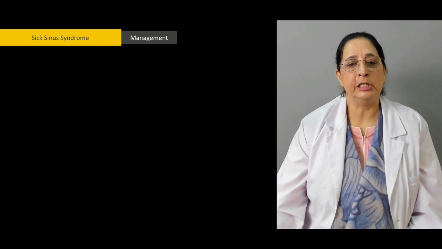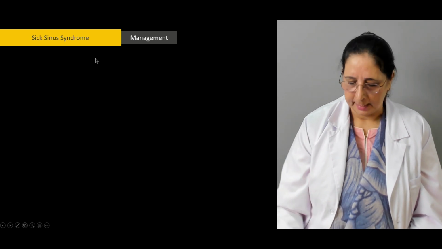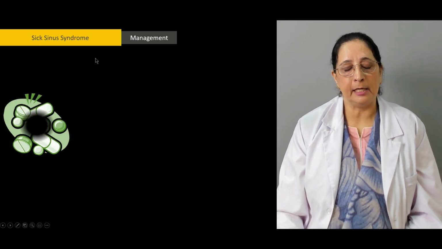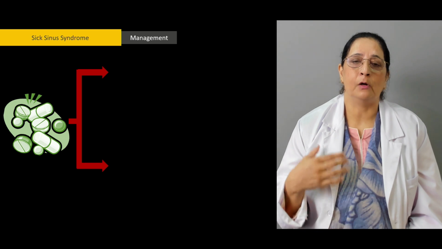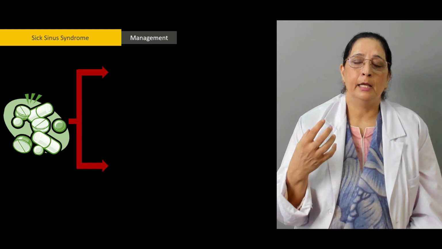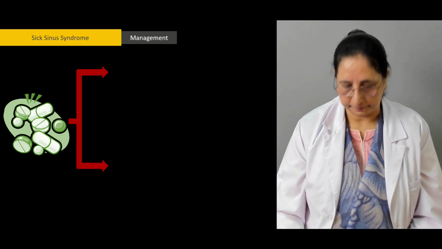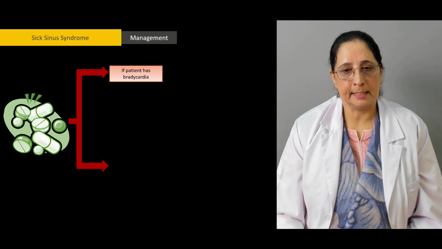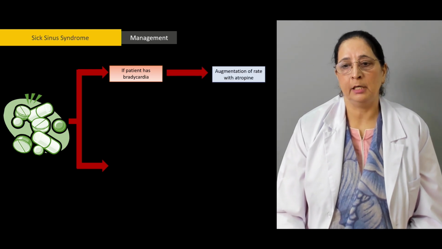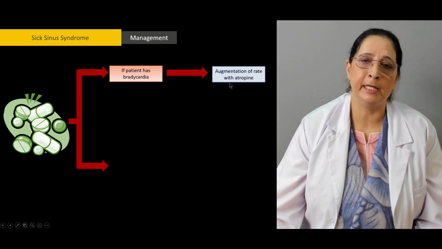Then another condition known as sick sinus syndrome. In the management of sick sinus syndrome, there are different conditions that cause or affect the SA node, and this is sick sinus syndrome. If the patient has bradycardia with sick sinus syndrome, we need augmentation of rate, so we give atropine.